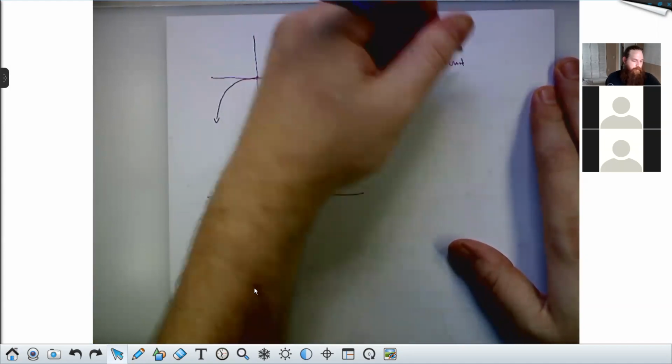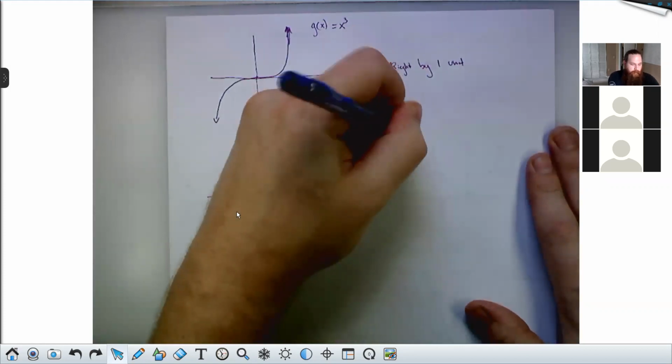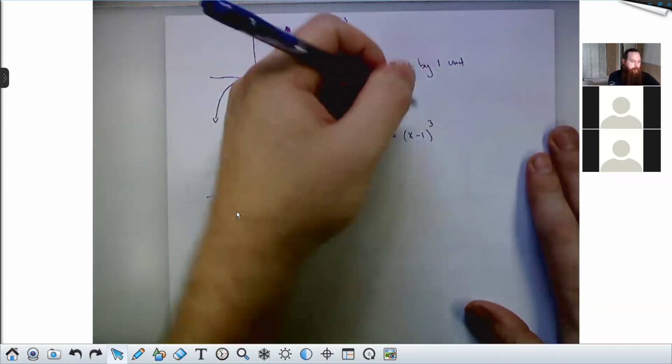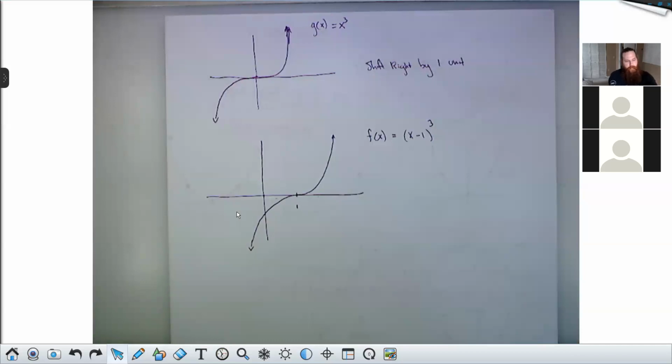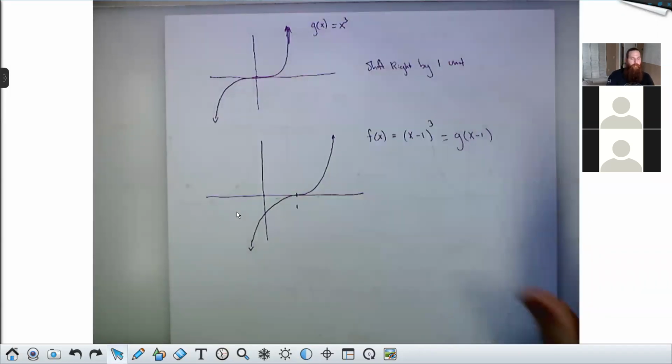X cubed minus 1? If I subtract 1 on the outside, that would bring me down. If I want to go to the right, then I need to subtract 1 on the inside. Yeah, Austin's got it there. This would be x minus 1 cubed, because that is g of x minus 1. All right, so subtracting 1 on the inside brings me to the right by 1 unit.